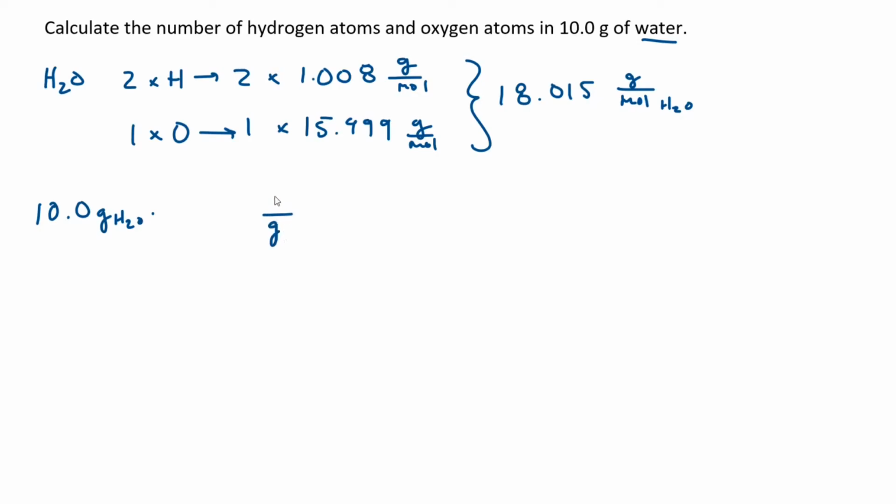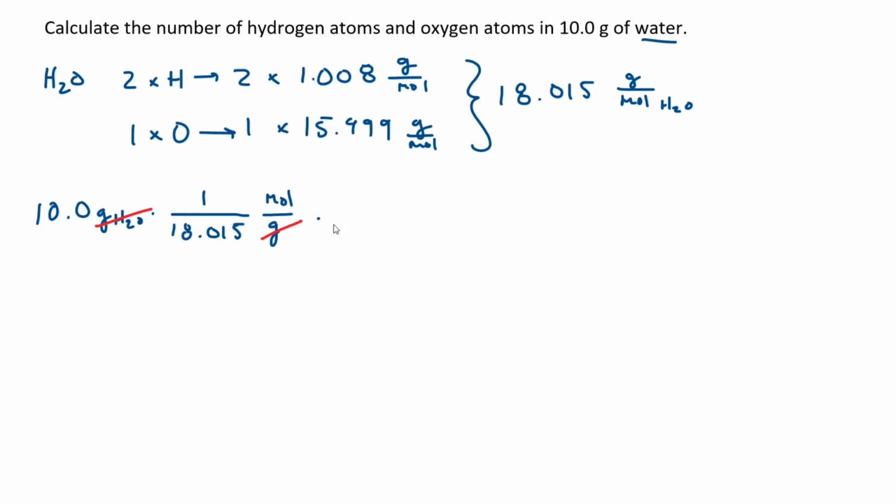So we'll make sure to put the grams on the bottom and mole on top. So now these will cancel. And for every mole of water, it's going to weigh 18.015 grams. And as we can see, we can just now take grams of water, and we're left with moles.